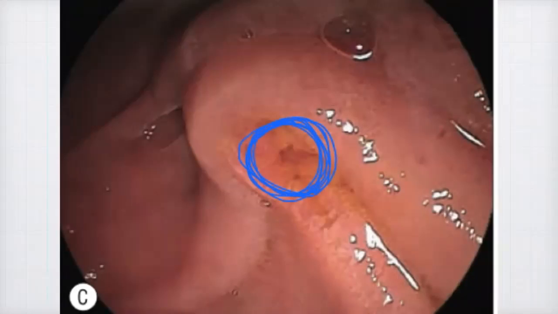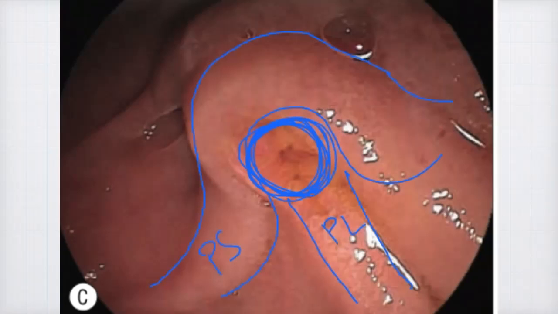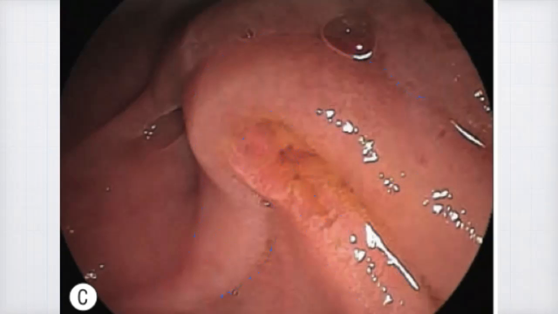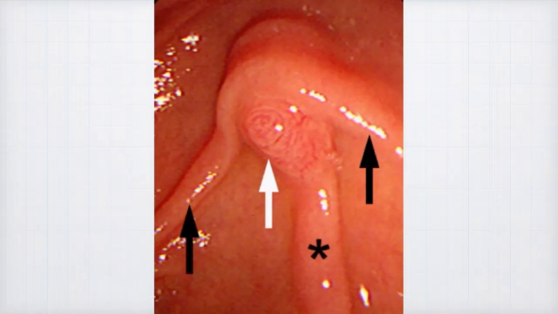This is another endoscopic view, right? This black arrow is the plica semilunaris. This white arrow is the ampulla of Vater or major duodenal papilla, right? This one is the plica longitudinalis.